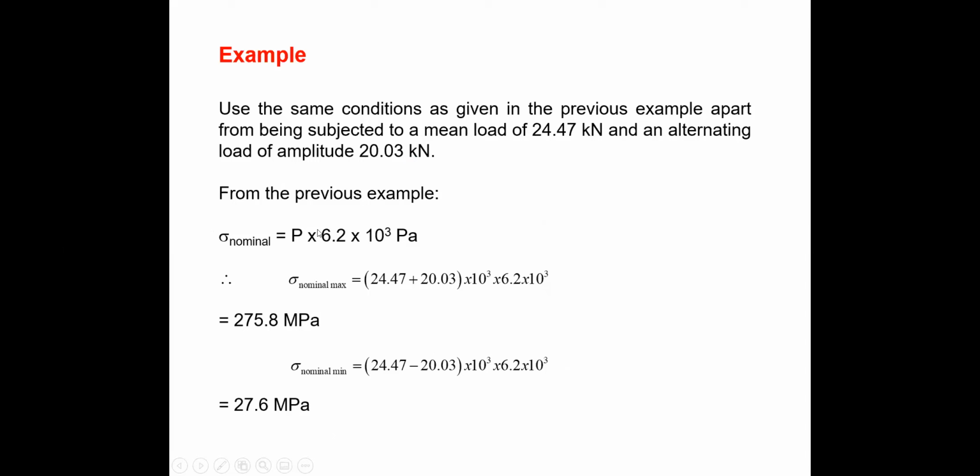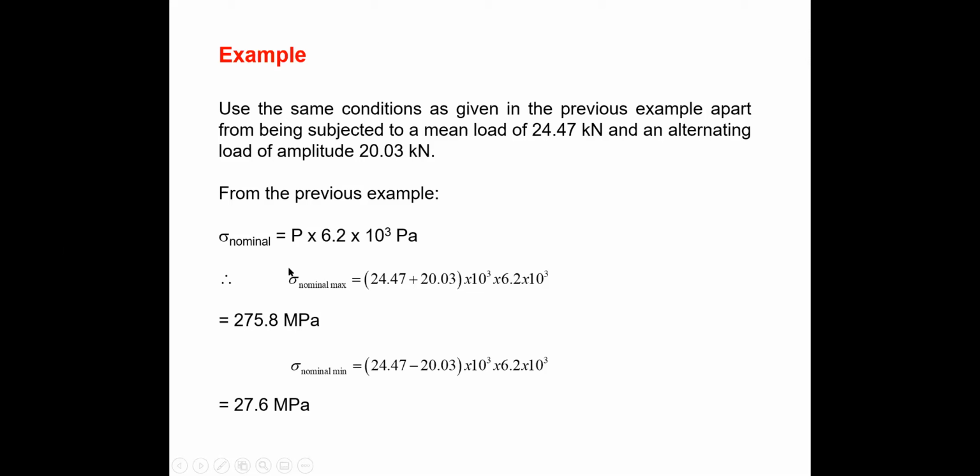So you can use the same equation for the nominal stress. You don't have to find the KT and KF again because it's the same plate, same dimension. So this is the equation. Only P will be changed, the summation of these two and the difference between these two.